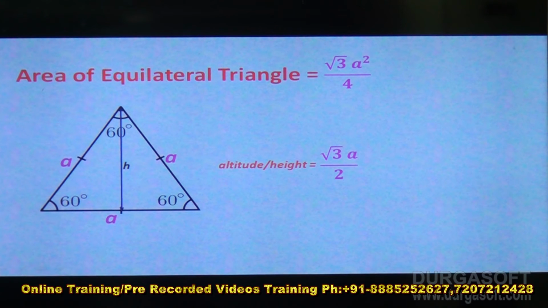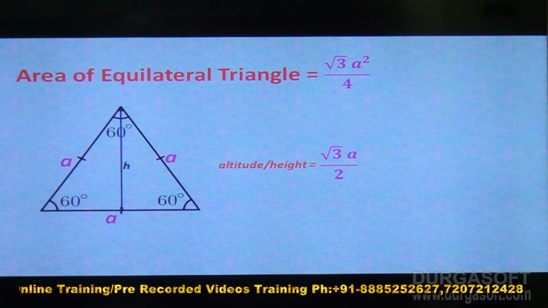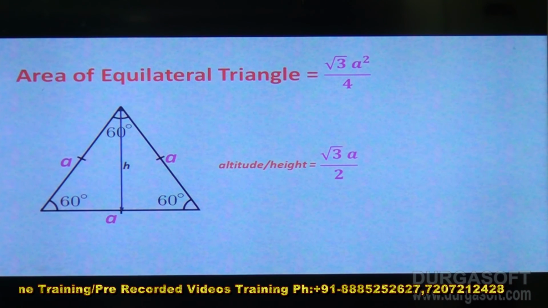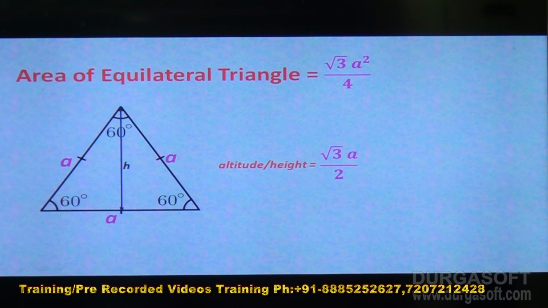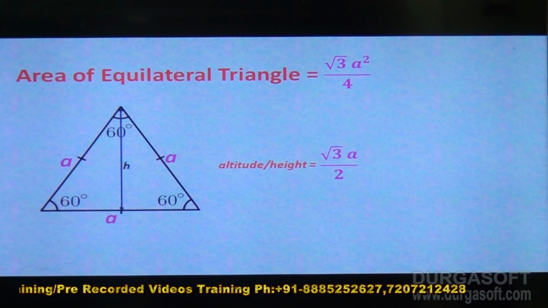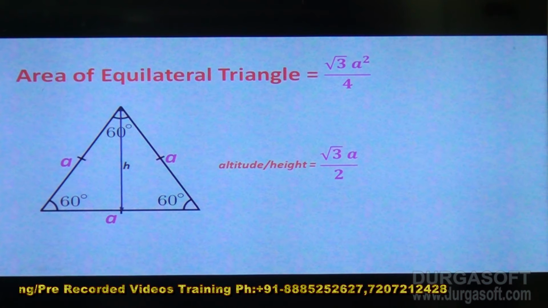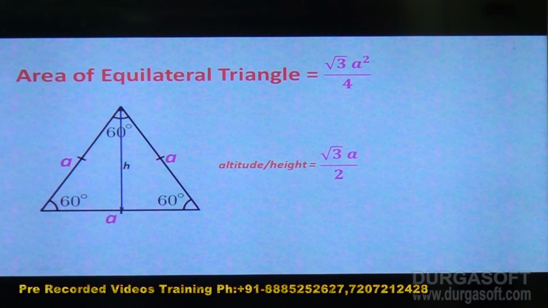And this line will be the height, right. So the area of an equilateral triangle is root 3 a square by 4, and the height, or we can call it the altitude, is equal to root 3 a by 2.